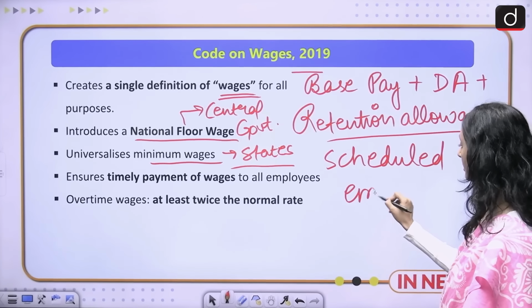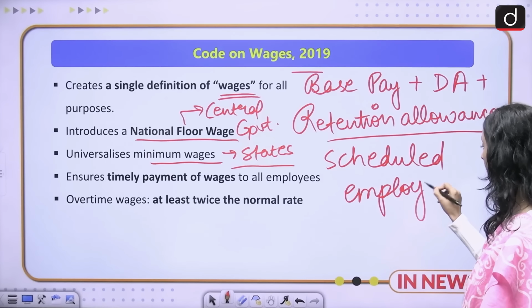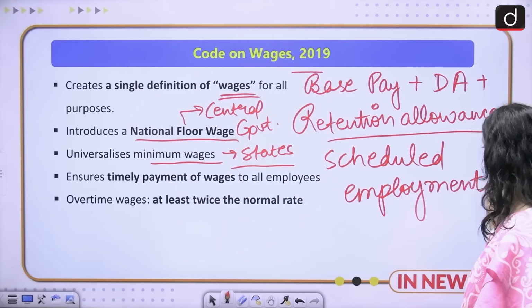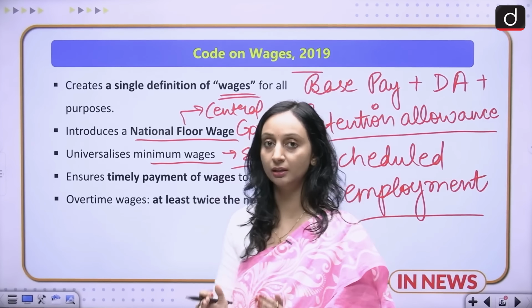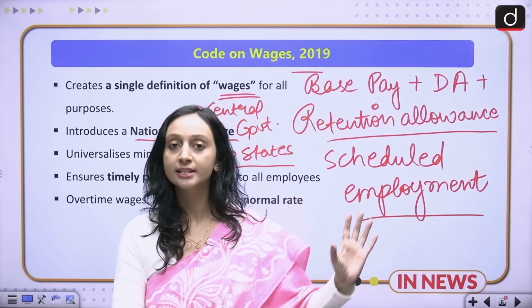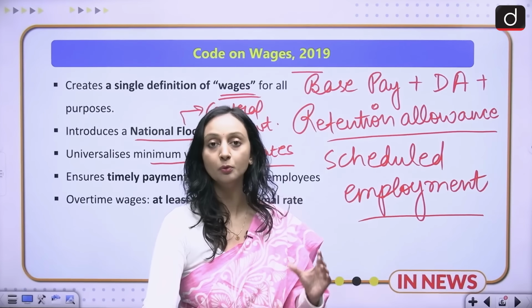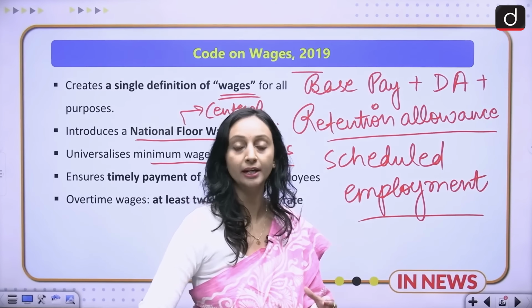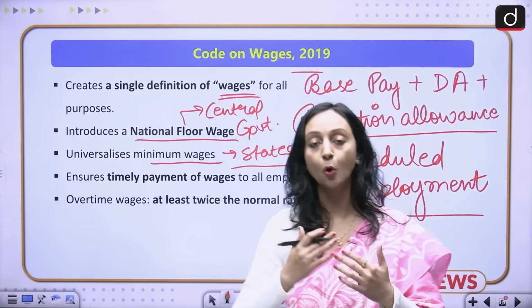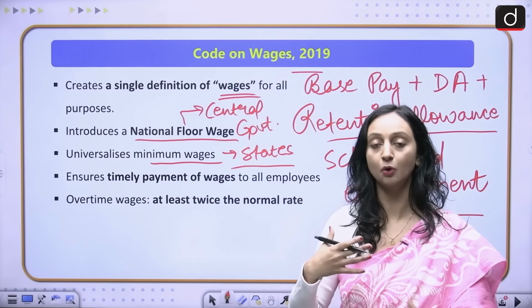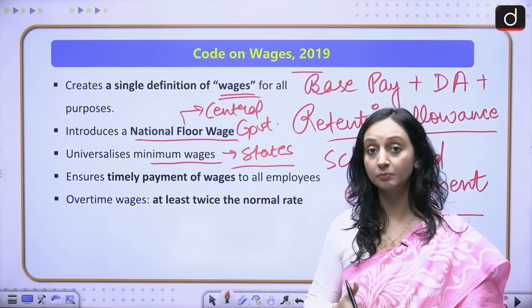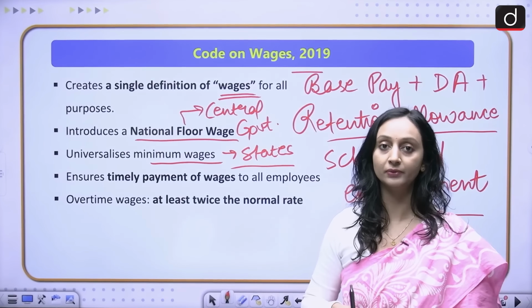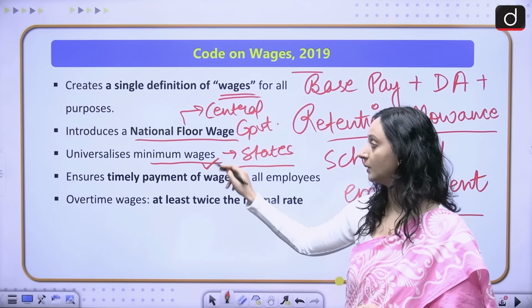Scheduled employment basically was a list of all the sectors, all the industries that were listed by the government, they came under the scheduled employment. But now minimum wages will have to be defined, will have to be declared for all the types of industries, all sectors. So irrespective of the industry, irrespective of the sector, irrespective of the gender, irrespective of everything, minimum wages will have to be defined.